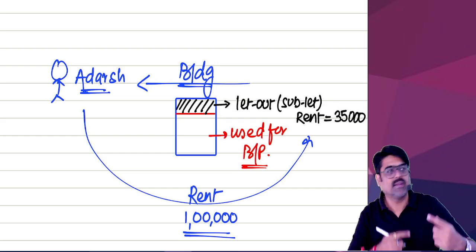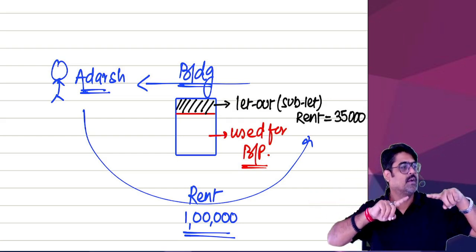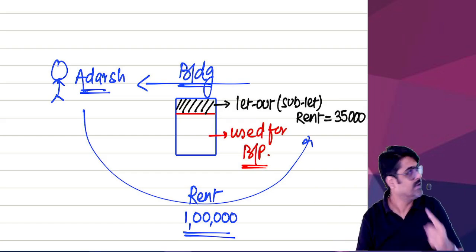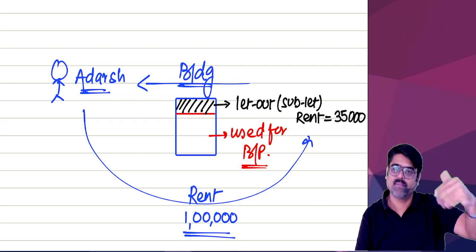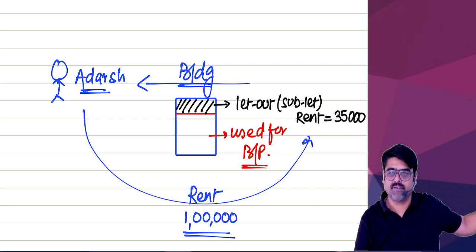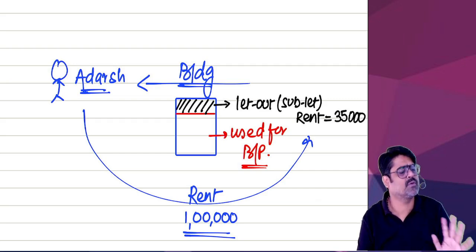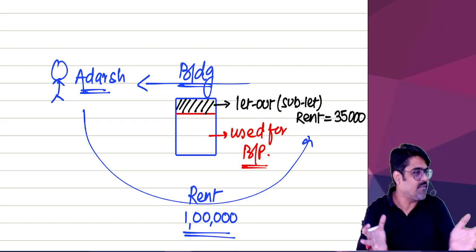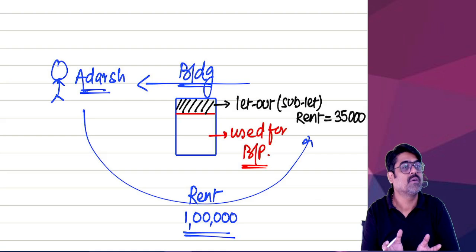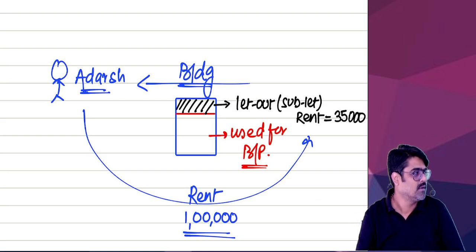So, for example, this entire premises he took on rent. Now he is able to do the business only in the 75% portion. 75% portion is sufficient. Extra 25% portion was lying idle. So what he thought?